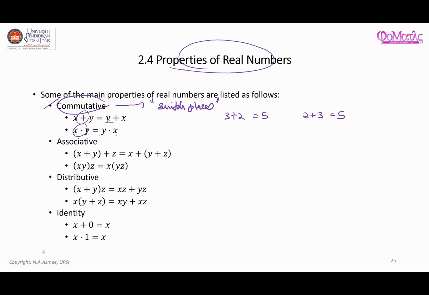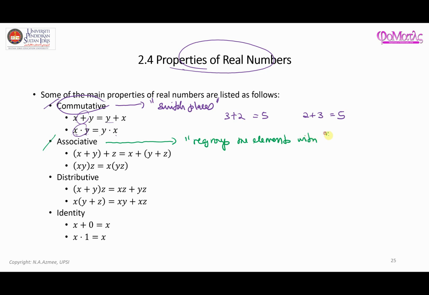Now let's look at the idea of associative. When you talk about associative, the idea is that you can regroup the elements.